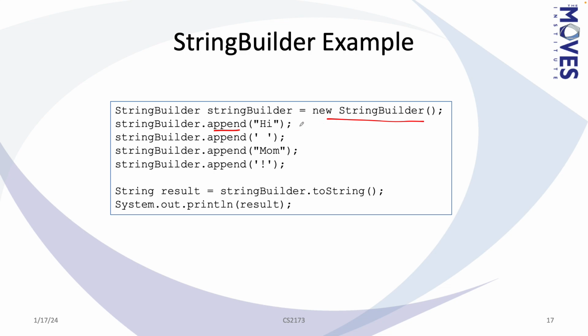So here I've created it. I append this string, this character, this string, another character, and then the results: now if I say toString of this StringBuilder, that returns another string which consists of all the characters that I've put in there.